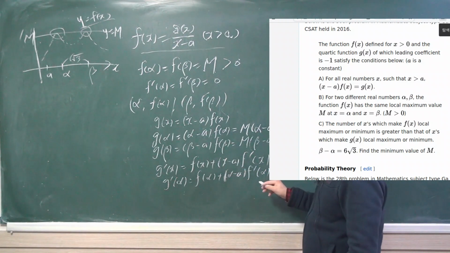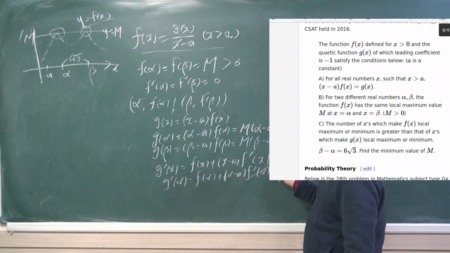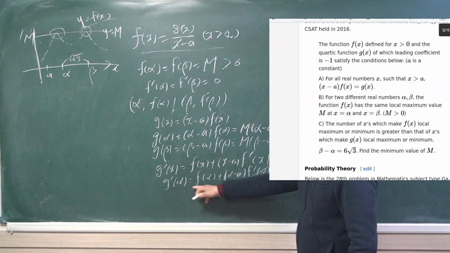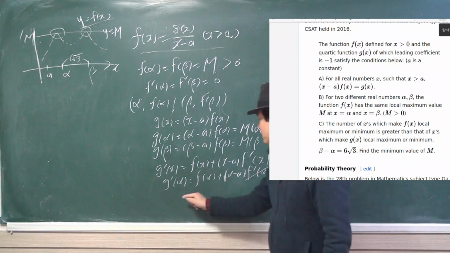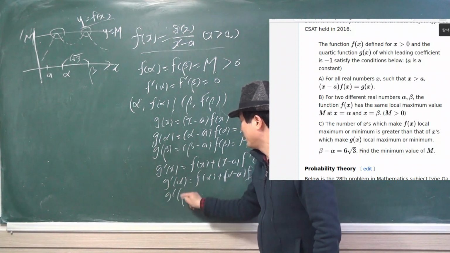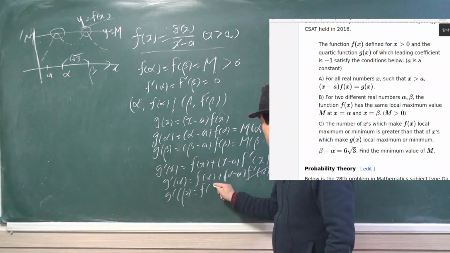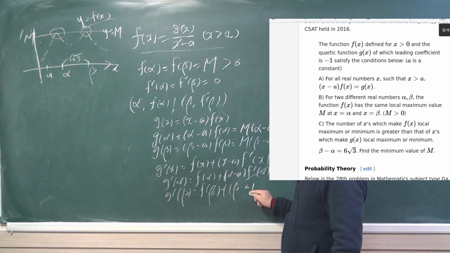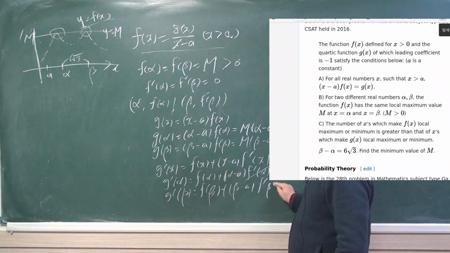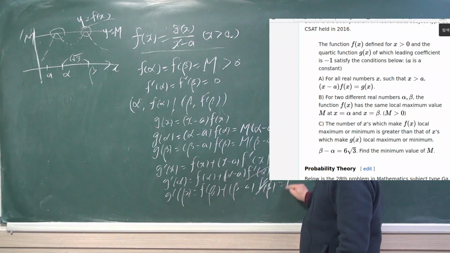It looks complex, but since f'(alpha) equals 0, g'(alpha) is only m, and g'(beta) is also f(beta) plus (beta minus a) times f'(beta), which equals m.